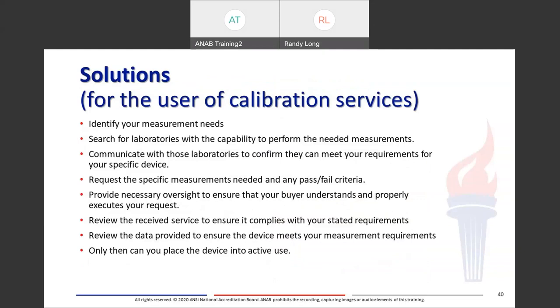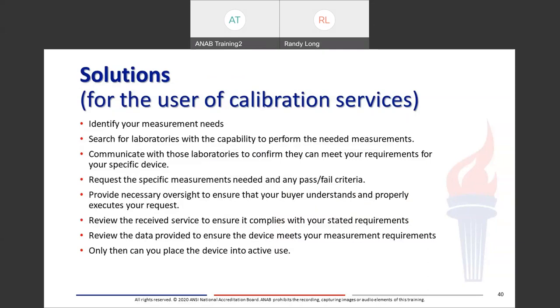So some solutions for the users of calibration services. It's best to identify your measurement needs. Search for laboratories with the capability to perform the needed measurements. Communicate with those laboratories to confirm they can meet your requirements for your specific device. Request the specific measurements needed and any pass-fail criteria.